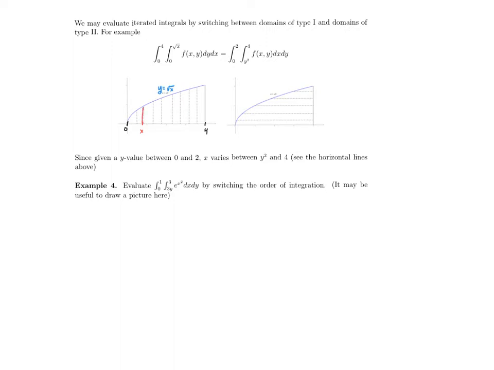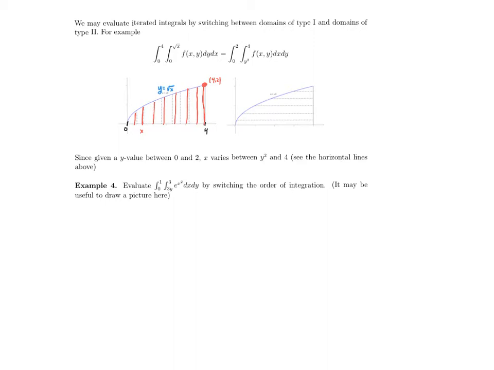And they vary along these horizontal line segments going from the lower curve, y equals 0, to that upper curve, y equals the square root of x. And note, for this curve y equals square root of x, this upper right point of the region would be the point 4, 2.